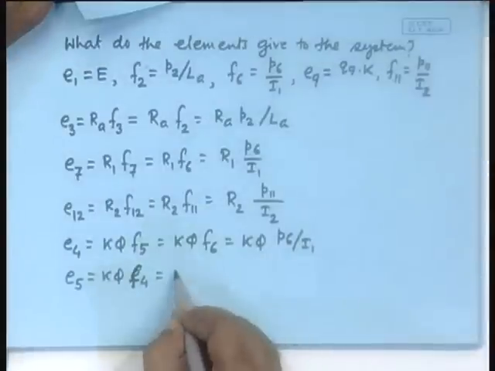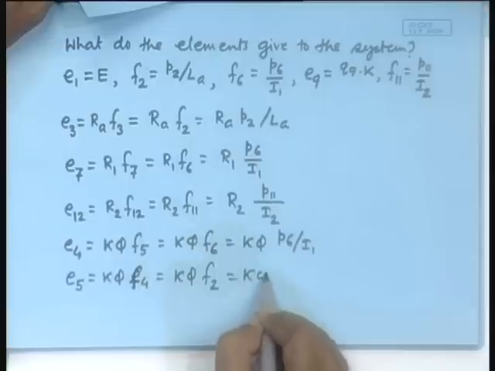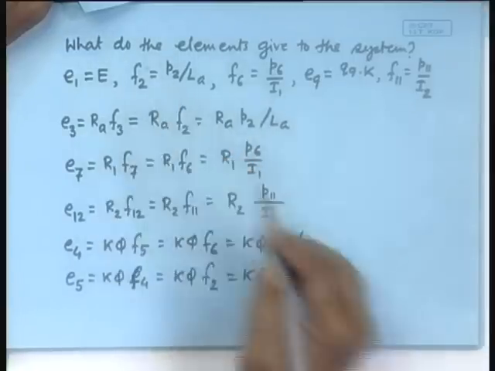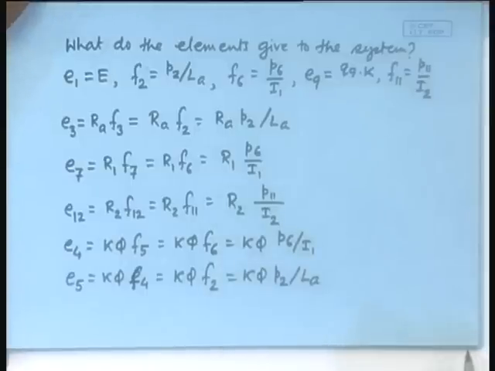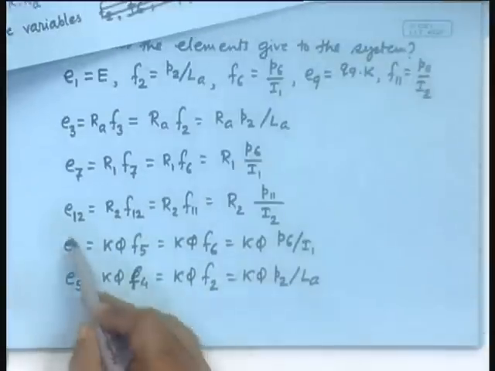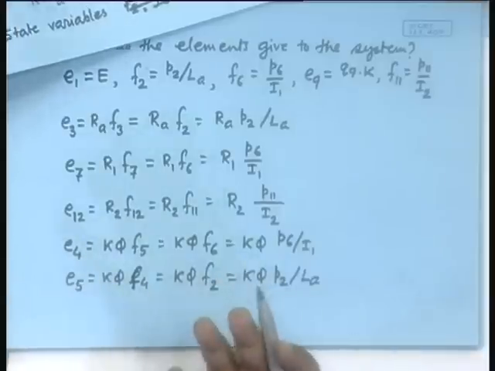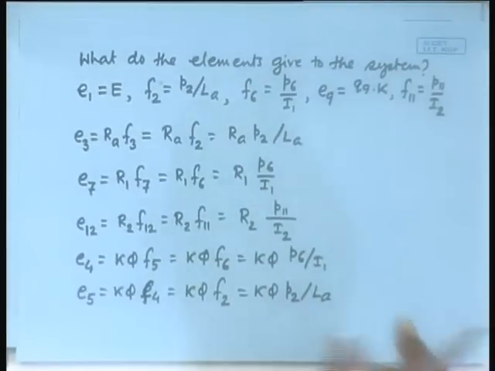So, K5 F2 is K5 times P2 by LA. Had it been a transformer, it would be different. But since it is a gyrator, it either gives flow to both sides or it gives effort to both sides. So, we have done it.